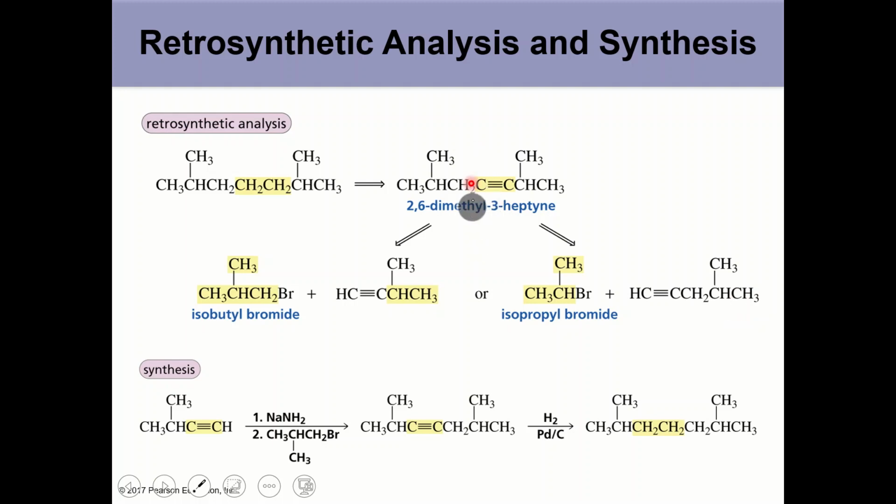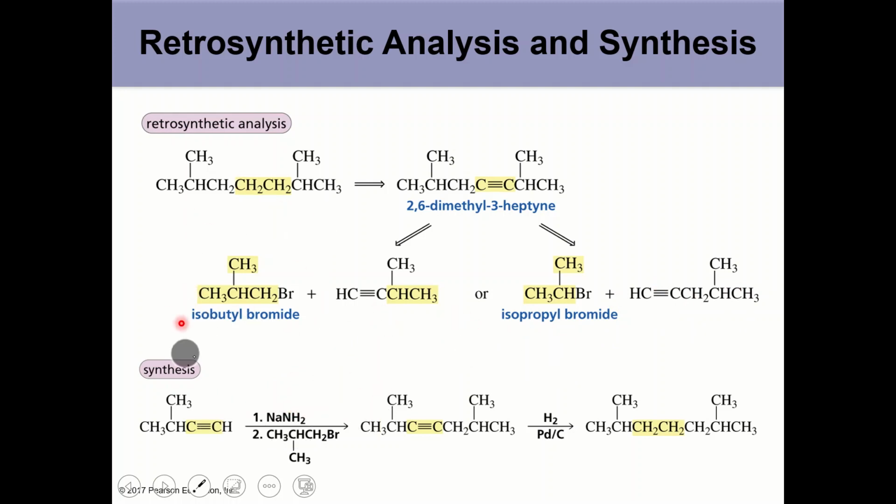And if they break it at the left side of the triple bond, then we will have a 3-methyl-1-butyne reacting with what they call isobutyl bromide, or 1-bromo-2-methylpropane. And then from there, we can perform the retrosynthesis.